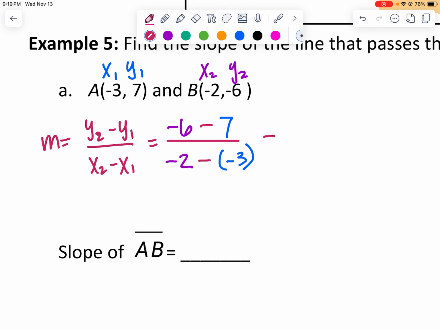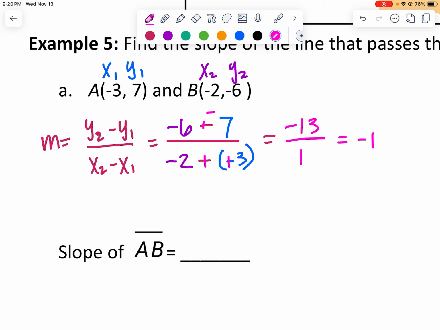And then I can go ahead and solve it, right? -6 minus 7. This is where we have that little trick where we're actually adding them. You're adding the negative, so this is -13 all over here. We have a negative times a negative, so that gives me a positive. So we're really thinking -2 plus 3, which is just 1.